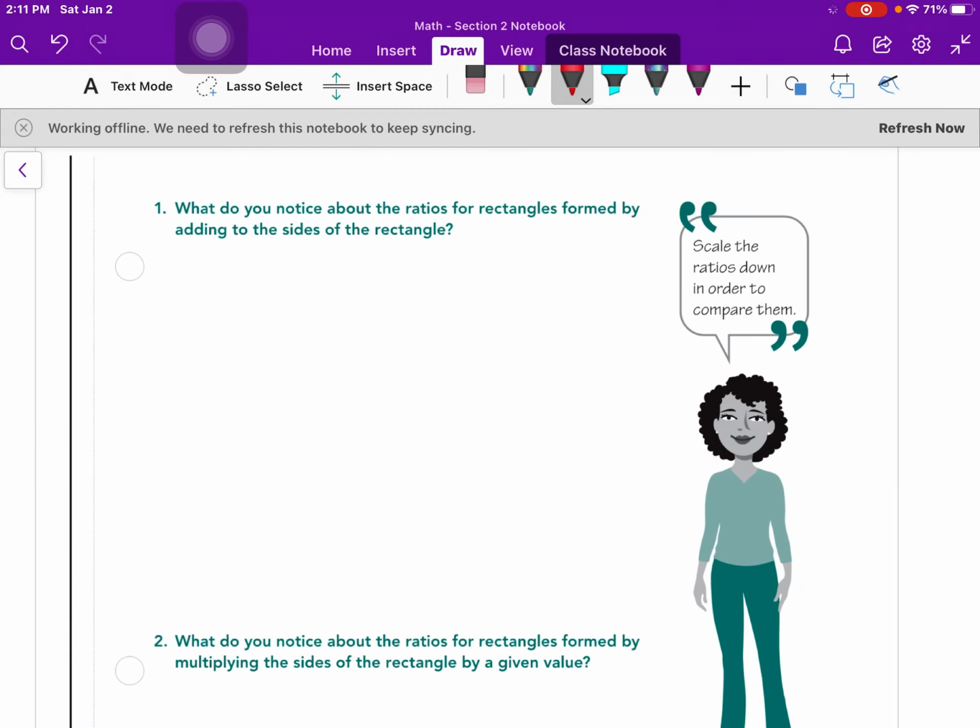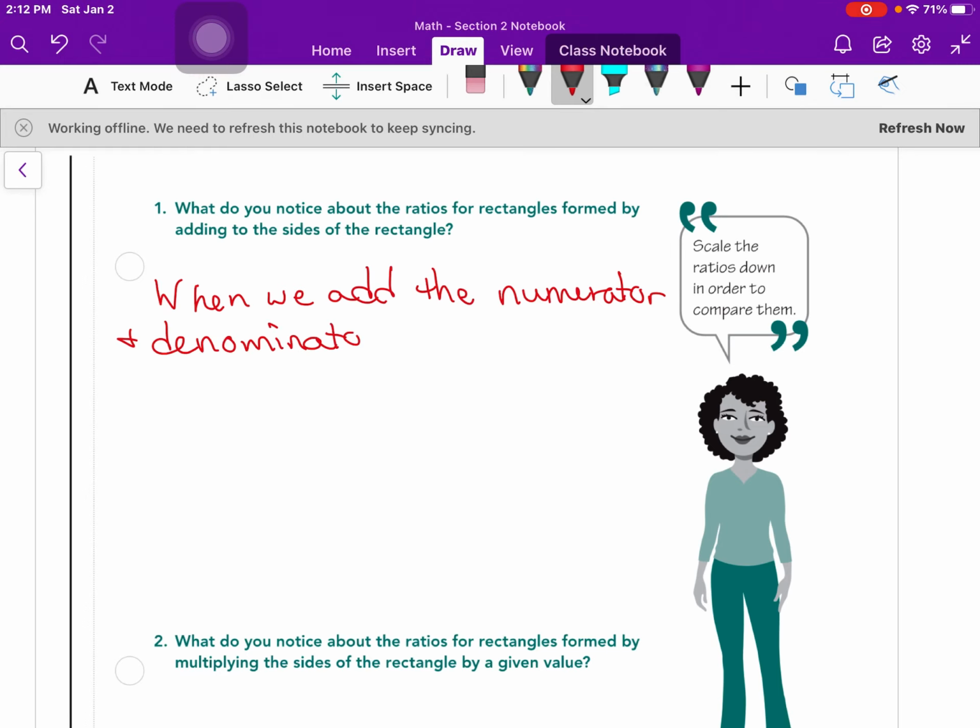Well, when we add, I notice that the numerator and denominator, if we're going to write them like fractions, always differ by 1.